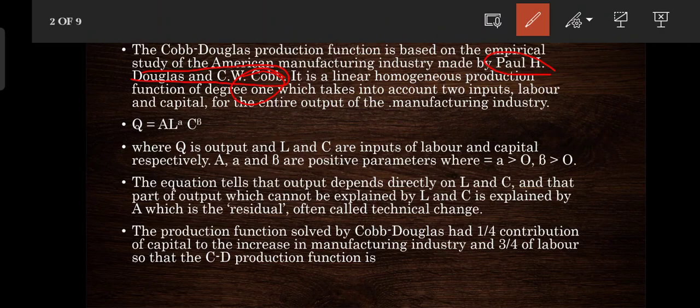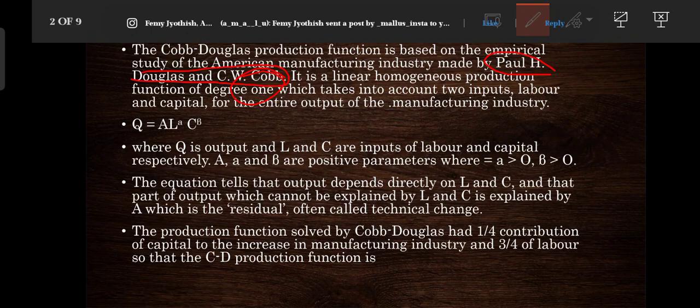What is a homogeneous function? In a homogeneous function, we have both independent variables as well as dependent variables. When we increase the independent variables by k amount, the same should result in the dependent variable in the same way, that is, by k amount.